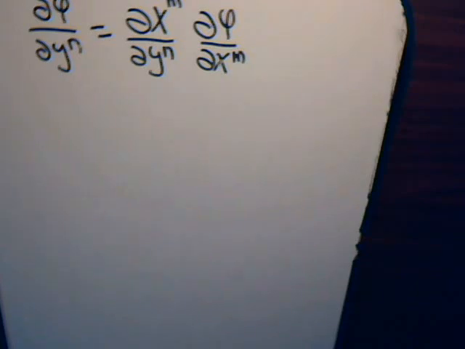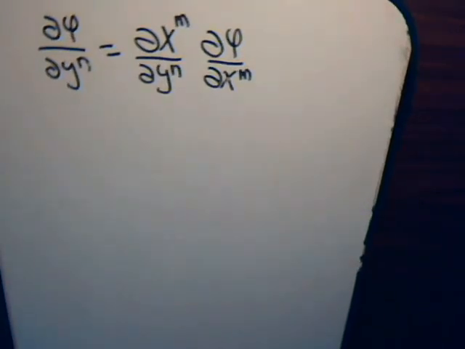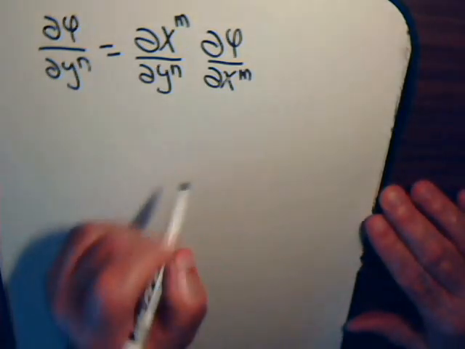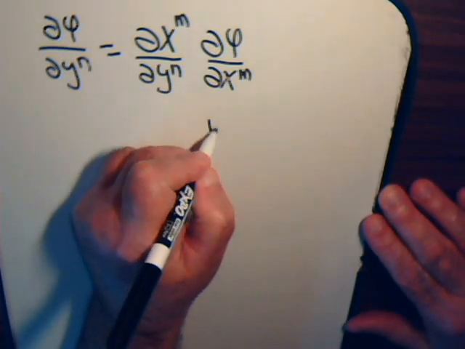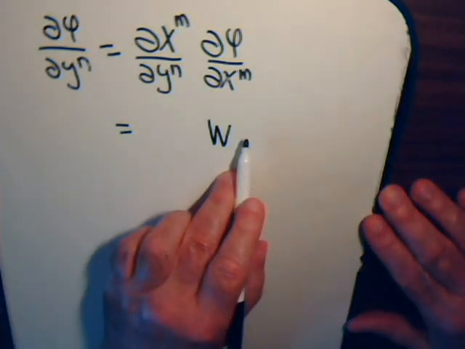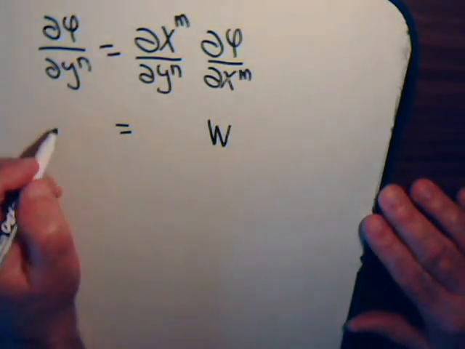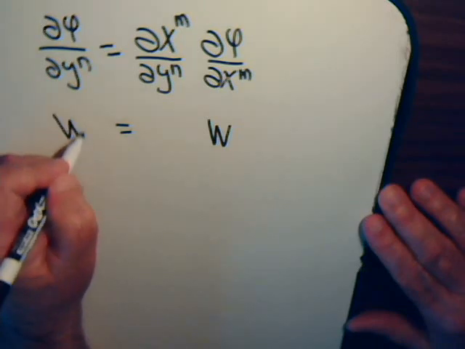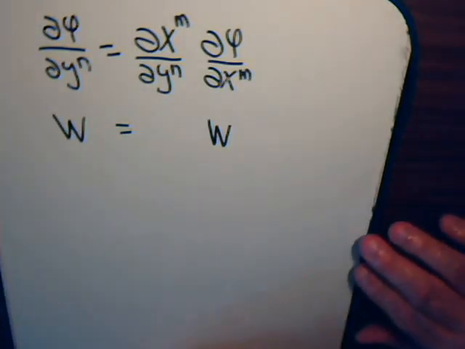Then what we did was we generalized upon that concept. We said, suppose we have some vector in the x frame, say w, and we know a component of that vector in the x frame. What is it in the y frame?